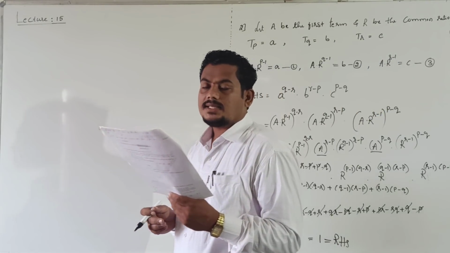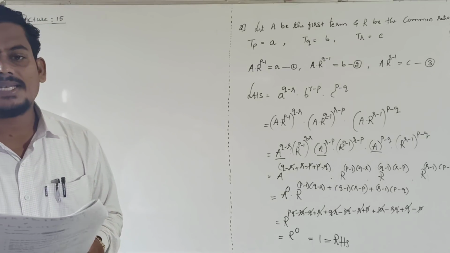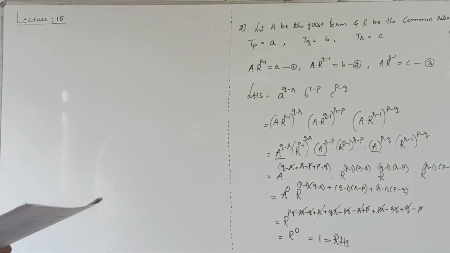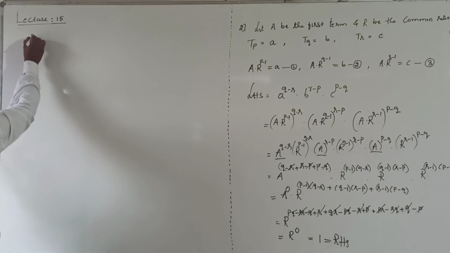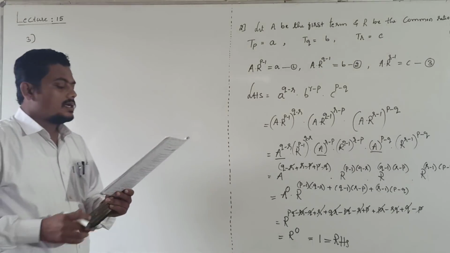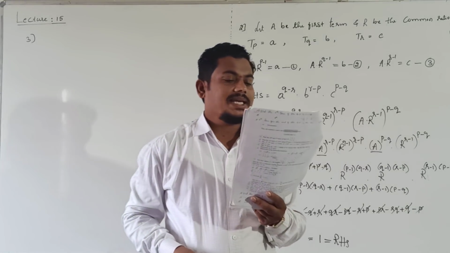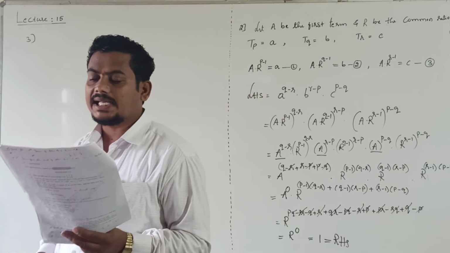A, B, C and D are in geometric progression. This is question number 25 in exercise 9.3.